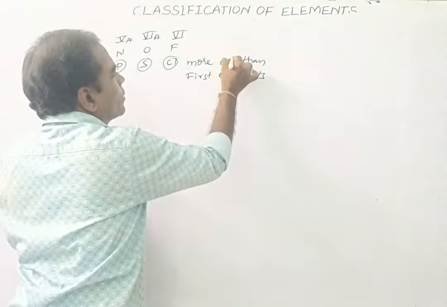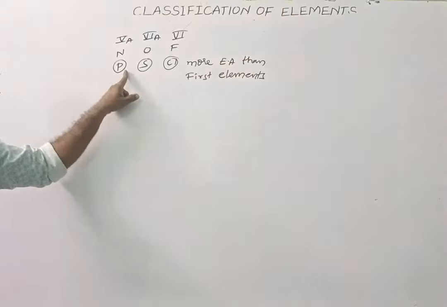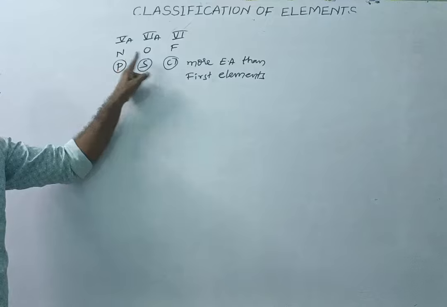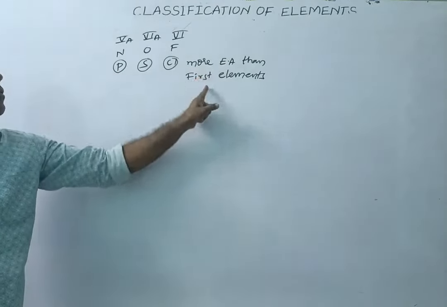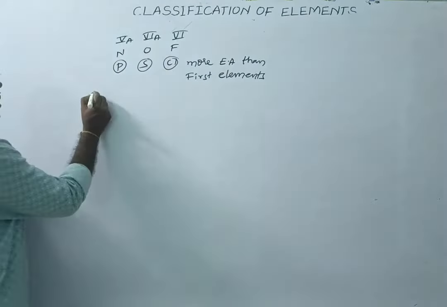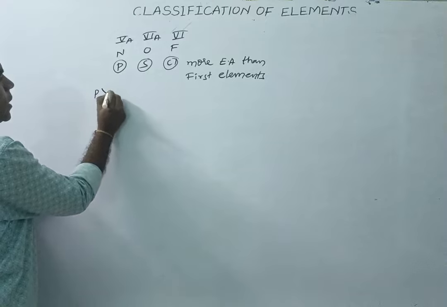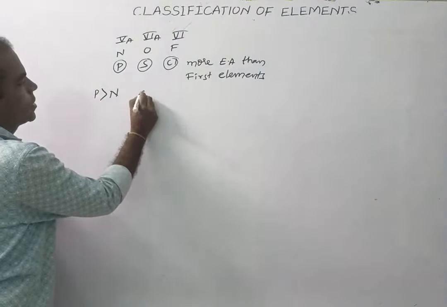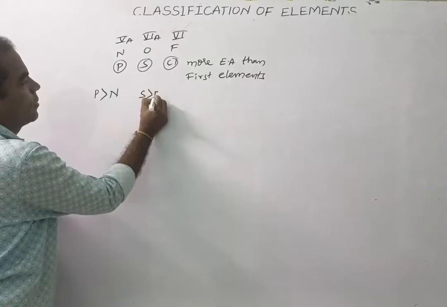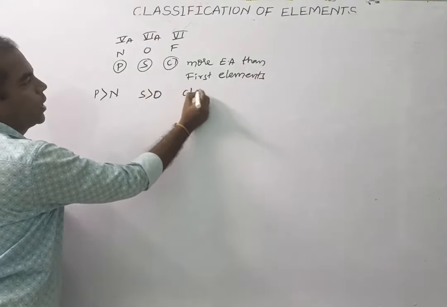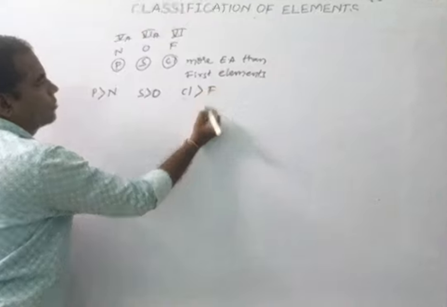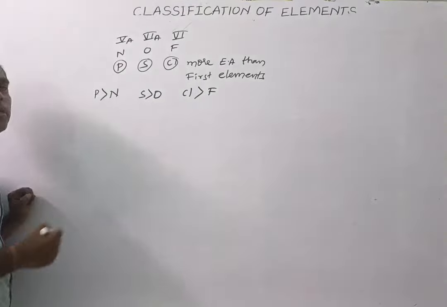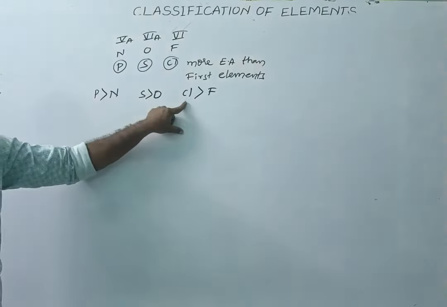Ea, not En. That means phosphorus has greater electron affinity than nitrogen. Sulfur has more electron affinity than oxygen. Chlorine has more electron affinity than fluorine. The highest electron affinity among all the elements in the periodic table is chlorine. Right?